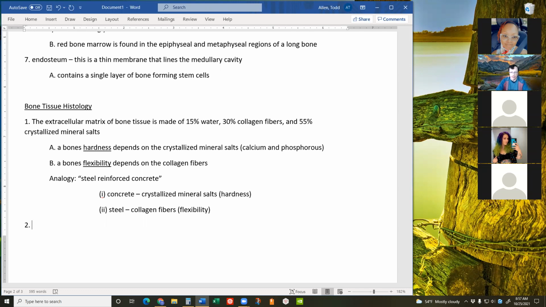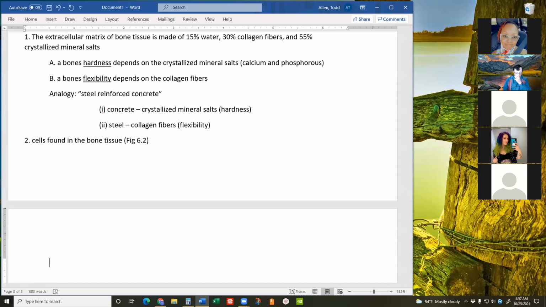Okay, next, we have to talk about the cells that we find in the bone tissue. And this is where figure 6.2 will really come into play. All right.